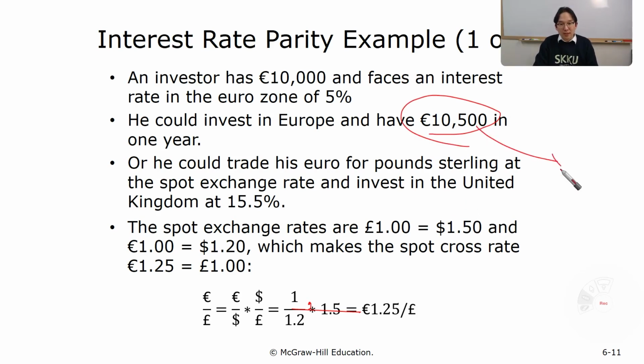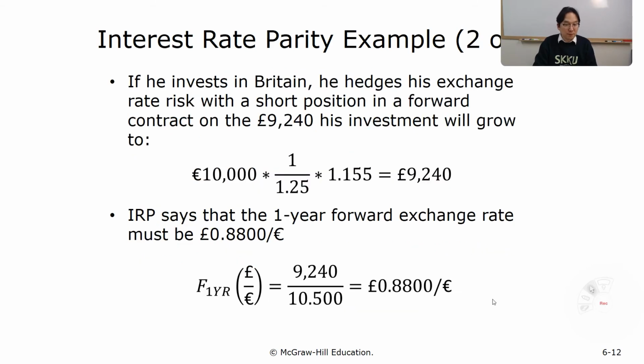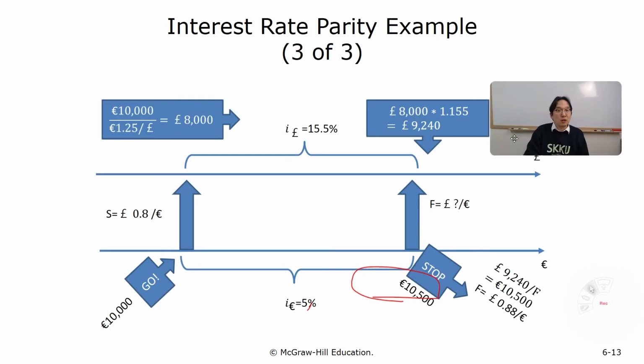So that's this number over here. And then that will give us the 1 year forward rate of pound per euro. Yeah, pound per euro. And then pictorially, it looks like this.